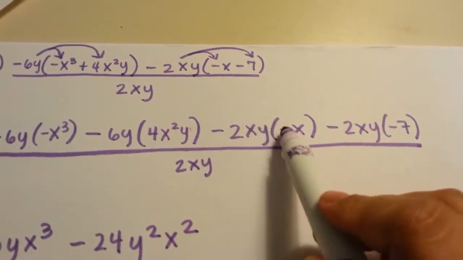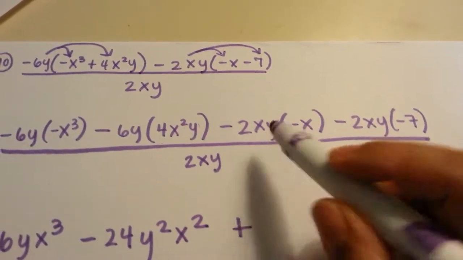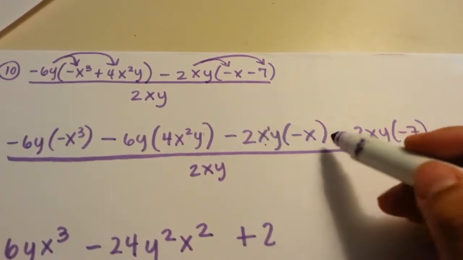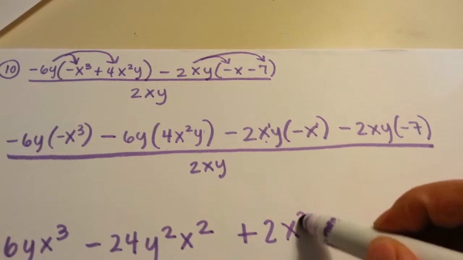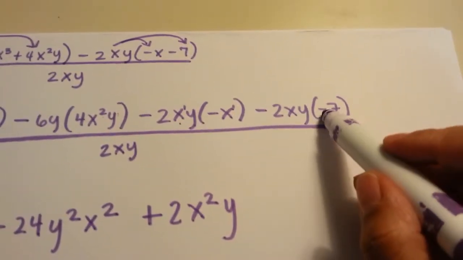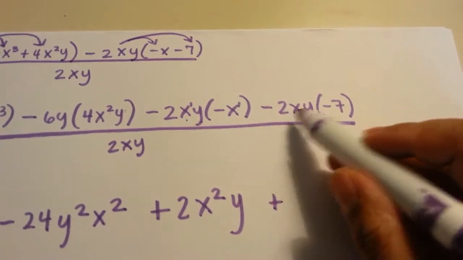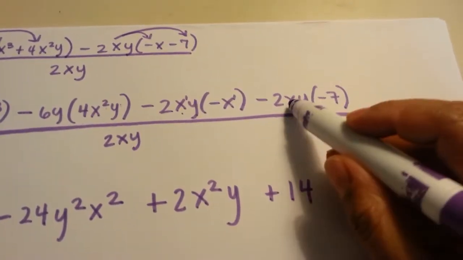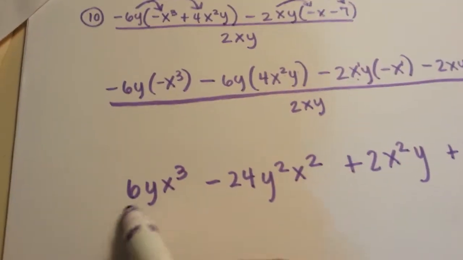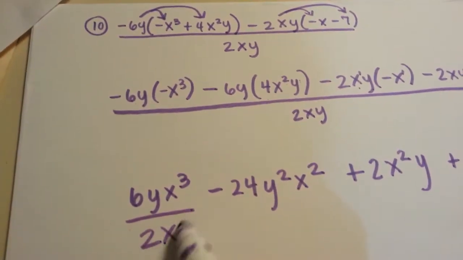Then this one, negative times negative becomes positive 2, x and x, they're both to the first power, so you add those exponents. And then you only have 1 y. And then here, negative and negative becomes positive. 2 times 7 is 14, and then you have an x and a y. Each of these is going to be divided by 2xy.